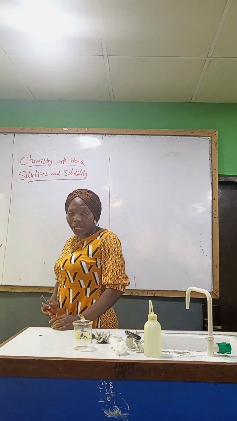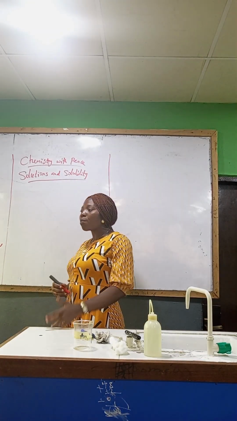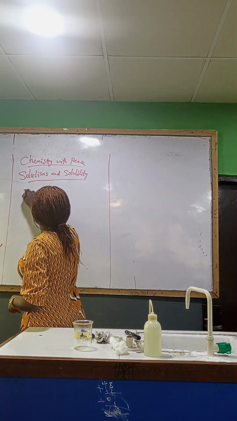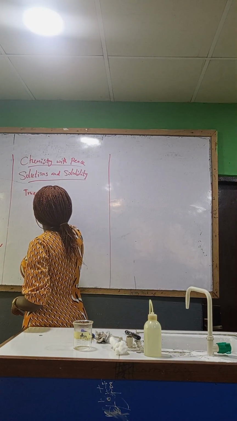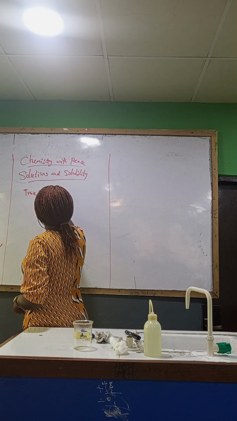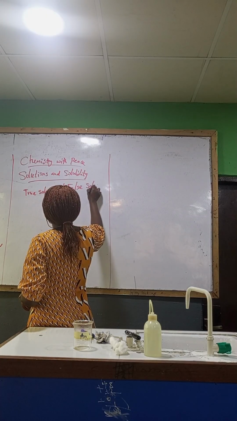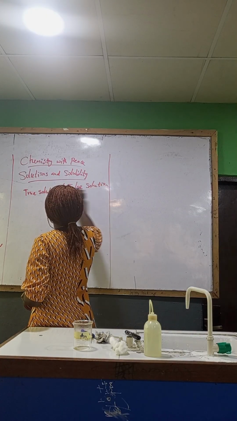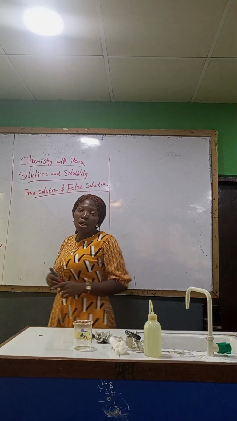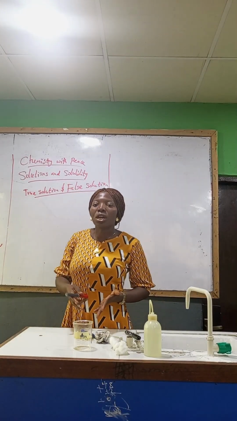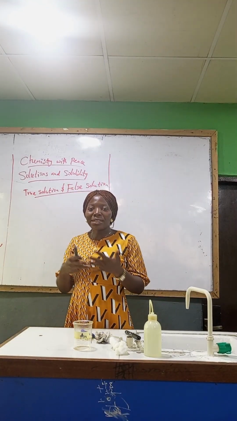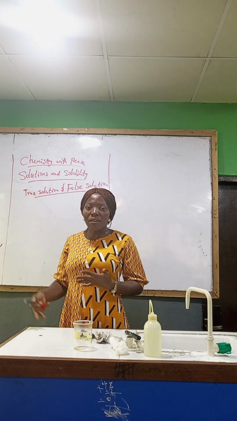Before we go into calculations involving solubility, we want to talk about true solution and false solution. A true solution is a solution in which the particles get in between the solvents.